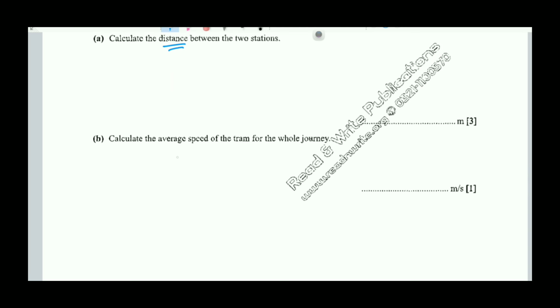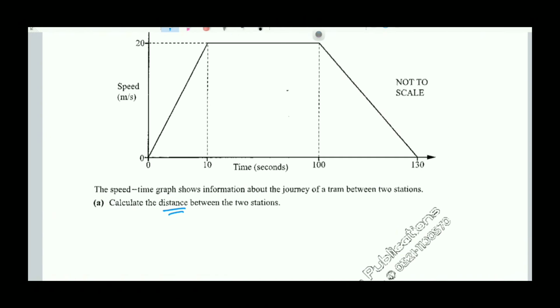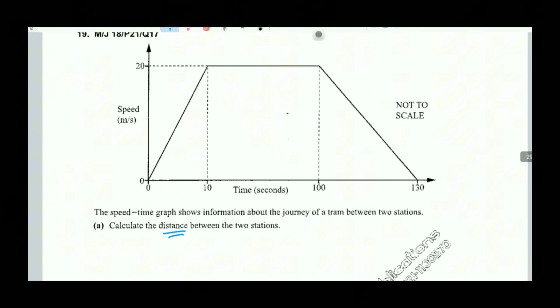Okay, the average speed of the train for the whole journey. How to find the average speed? This is also very easy. You can just use the formula of speed. Speed is equal to distance over time.